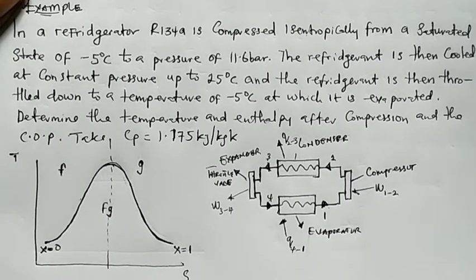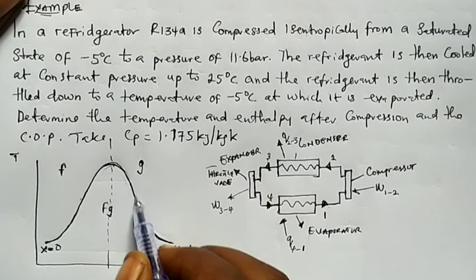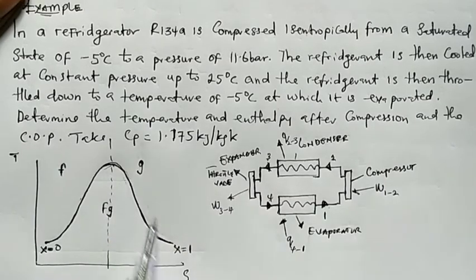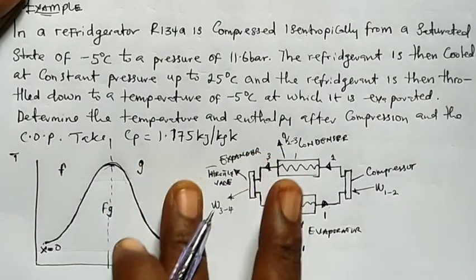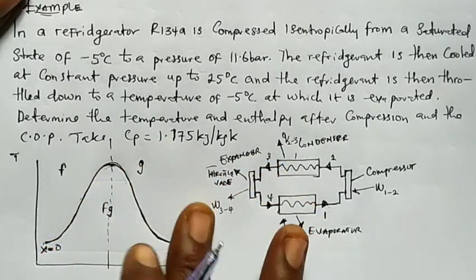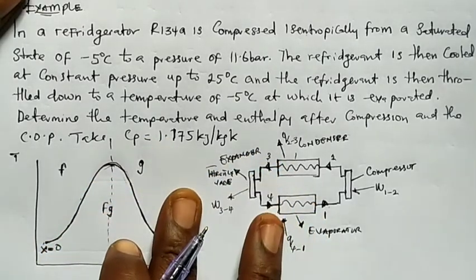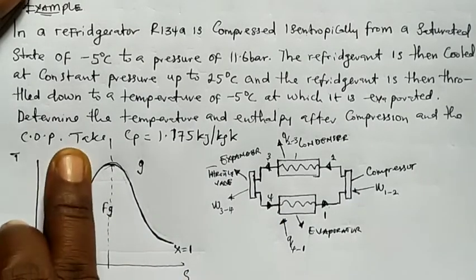Because from here to here we have saturated liquid. From here to here we have saturated gas. So from this point to this point, saturated gas. From this point to this point, saturated liquid. Is that taken? Now you need to understand something here, that anything that is outside this region, somewhere around here or this part, is said to be what? Superheated. And anything outside this region here is said to be what? Subcooled.